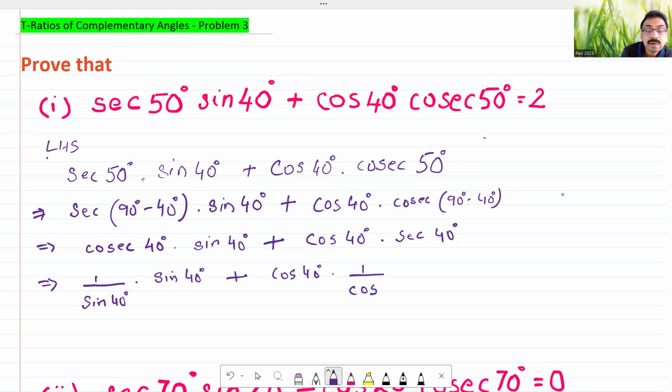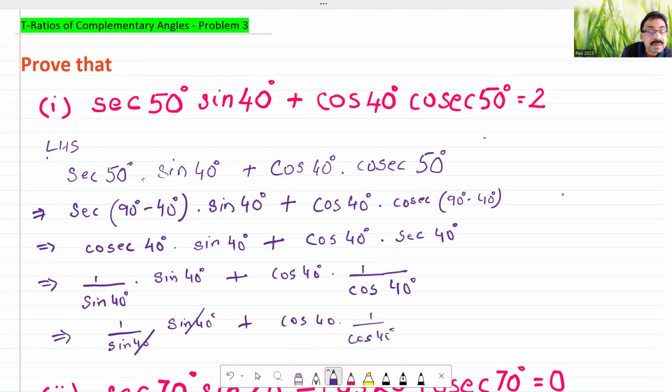So here I have 1 by cos 40. So what happens next? 1 by sine 40 into sine 40 plus cos 40 into 1 by cos 40.